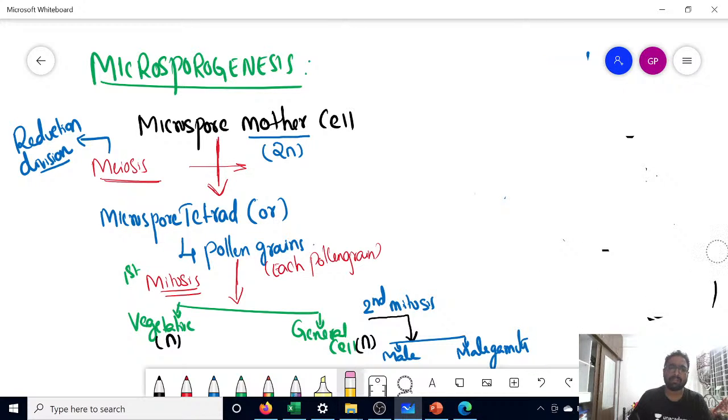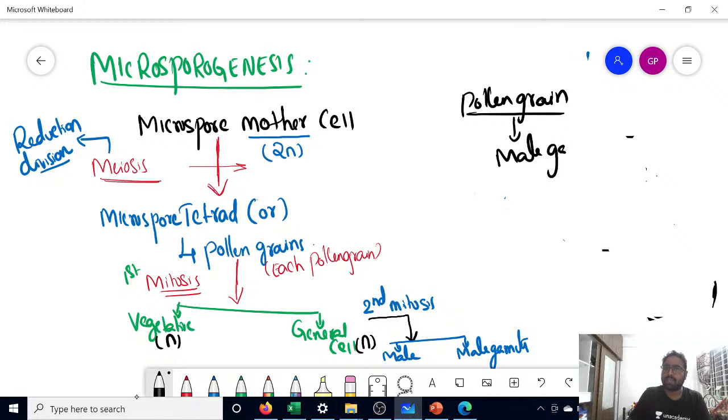Now you understand the difference between pollen grain and male gamete. Pollen grain differs from the male gametes. So now tell me, how many male gametes are forming?